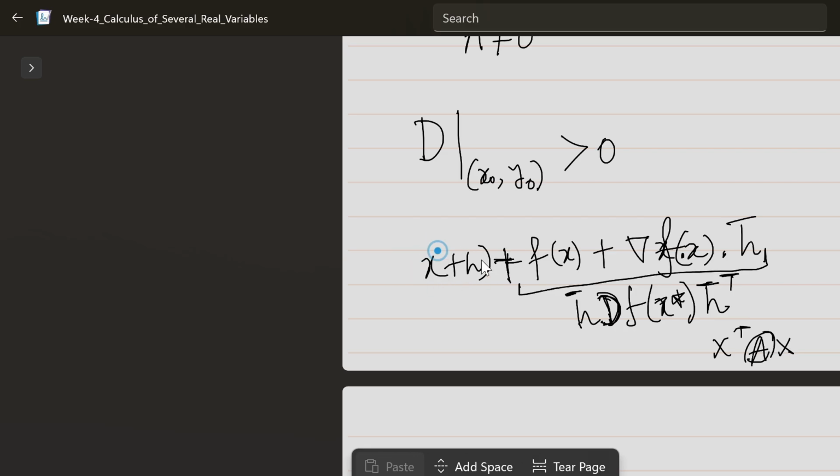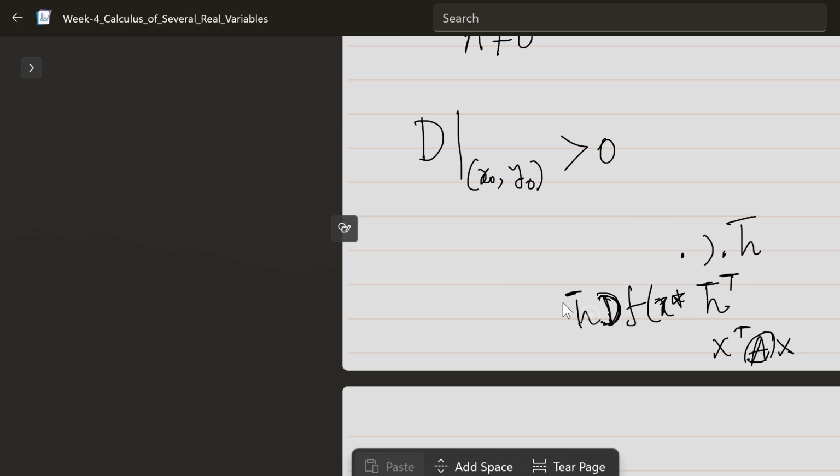So it is a higher theory. Just convince yourself with the fact that if D is positive for all points, then you will get a global maximum or global minimum. If D is greater than 0 only at the critical point, then you will get local around the critical point.